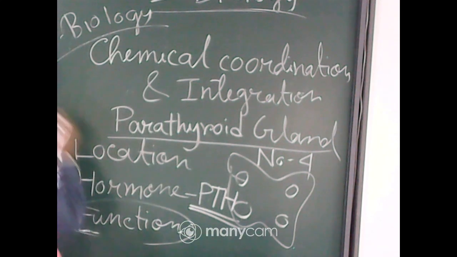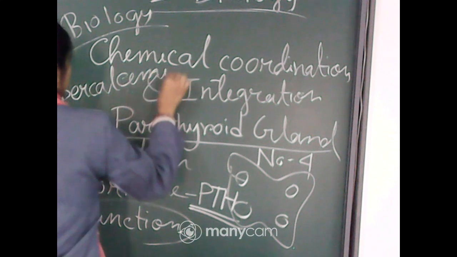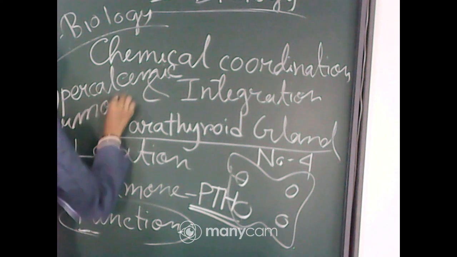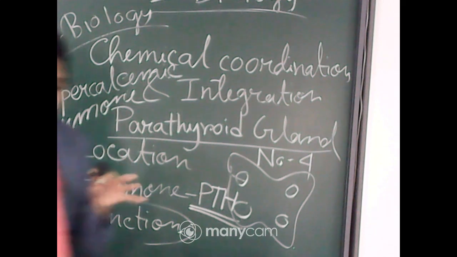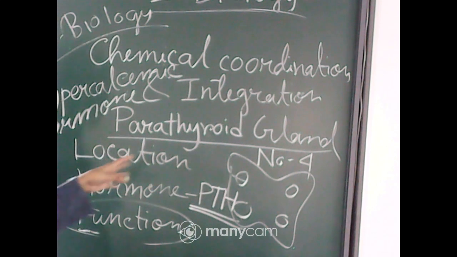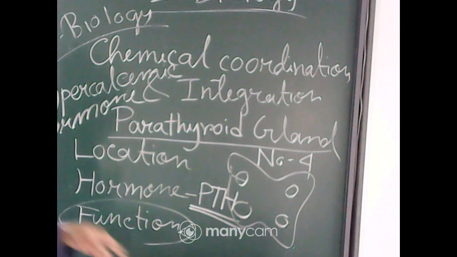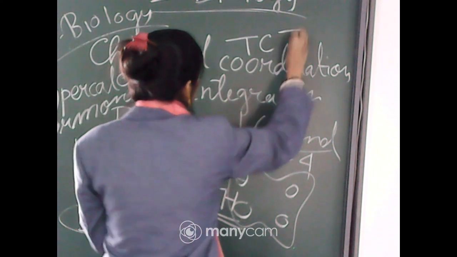So we have to write one thing: hypercalcemic hormone. Parathyroid hormone is considered a hypercalcemic hormone. What is the meaning of this term? It means that it increases the blood calcium level. Along with TCT, can you remember the full form of TCT?